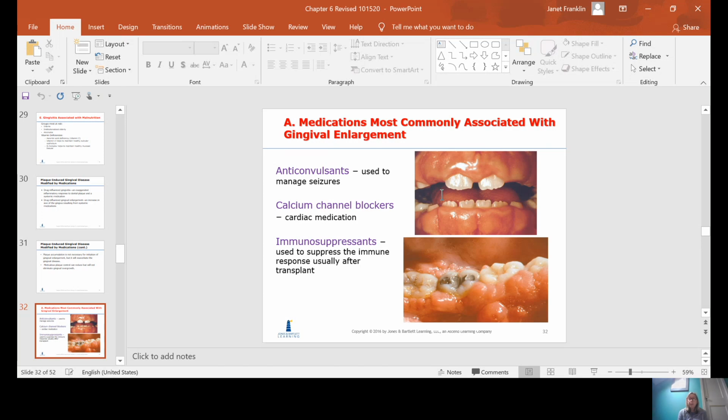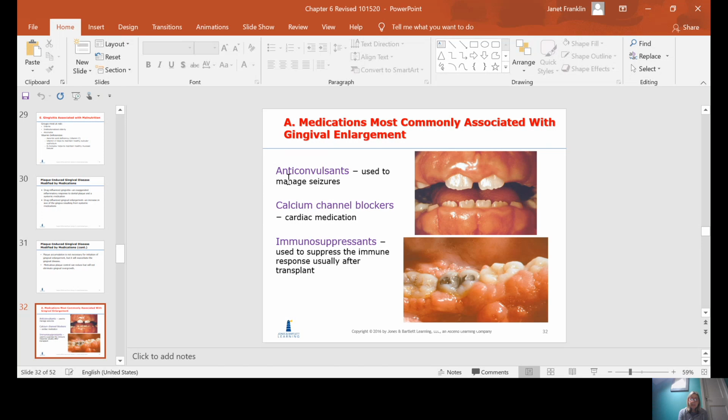A lot of autoimmune diseases like lupus and Sjogren's syndrome might use immunosuppressants, because your body's attacking itself, and sometimes they want to suppress that so the body stops attacking itself. The most common one you're going to see here are calcium channel blockers. That's a category of blood pressure medications that's very commonly used.